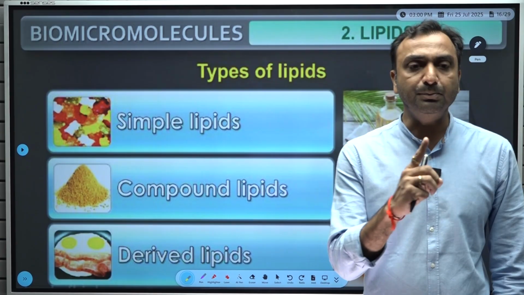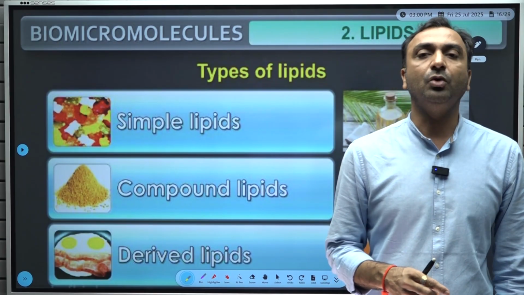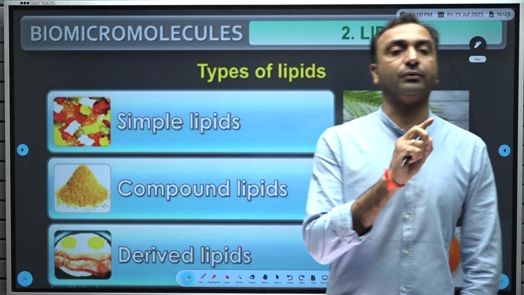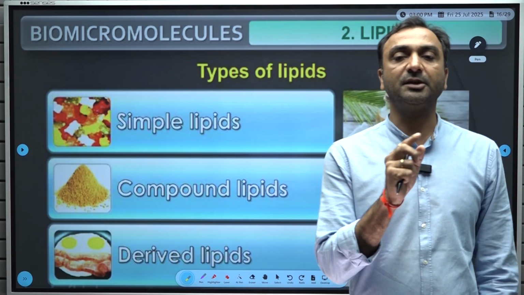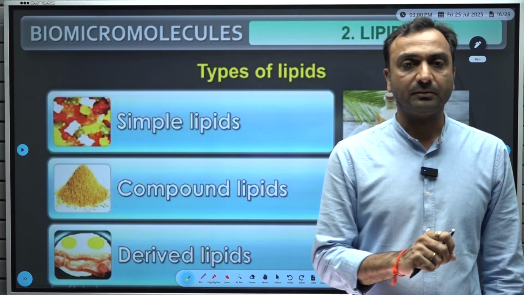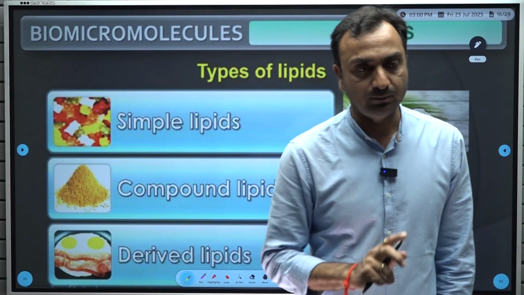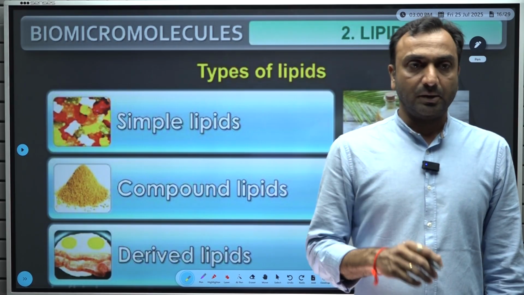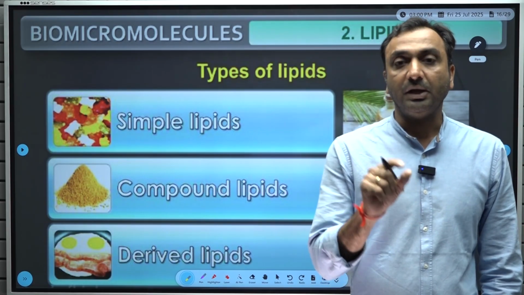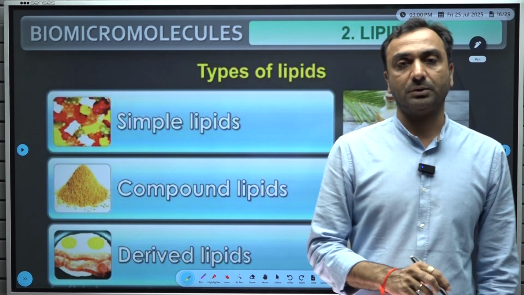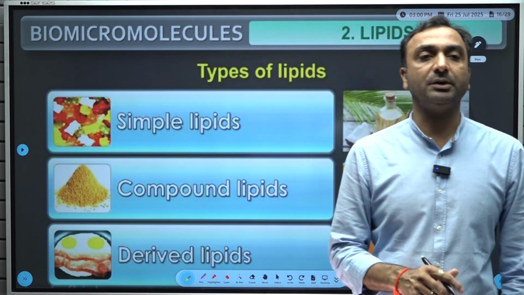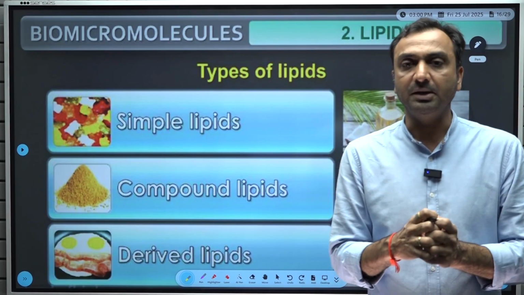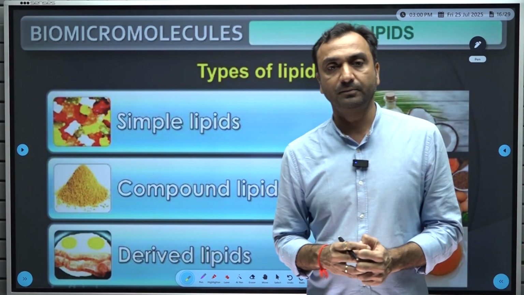Simple lipid has only carbon, hydrogen, oxygen, in the form of either fatty acid or glycerol. So it is called simple lipid. When another type of molecule is associated with the simple lipid, it is called compound lipid.